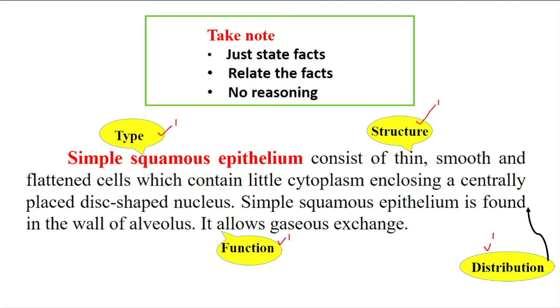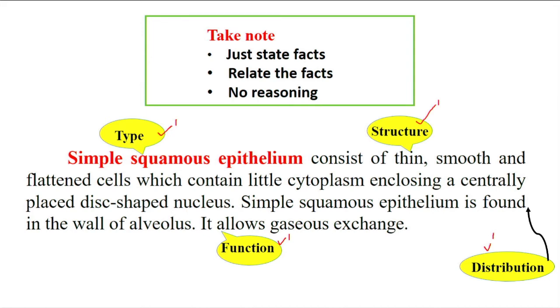The sample answer is: simple squamous epithelium consists of thin, smooth, and flattened cell which contain little cytoplasm enclosing a centrally placed disc-shaped nucleus. Simple squamous epithelium is found in the wall of alveolus. It allows the gases exchange. Class, you have to include 4 aspects in the answer.